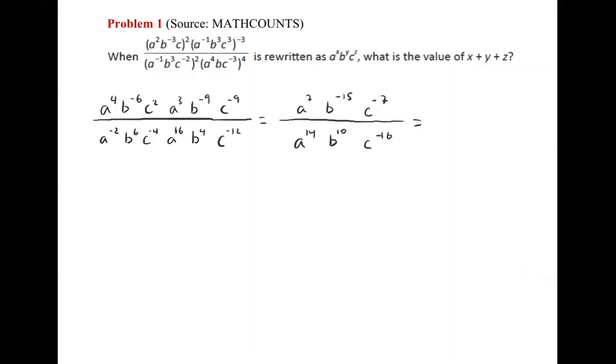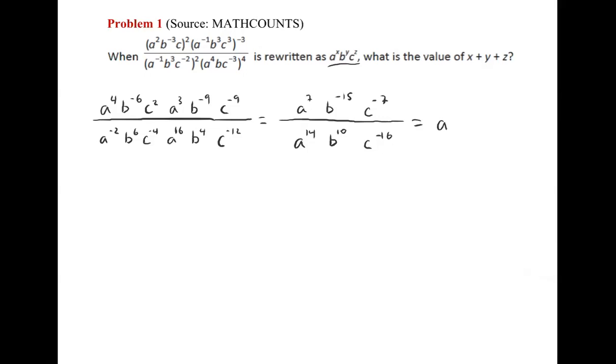Now we can use another exponent rule and simplify this to this form. To do this, for each of the bases a, b, c, we're going to subtract the denominator exponent from the numerator exponent.